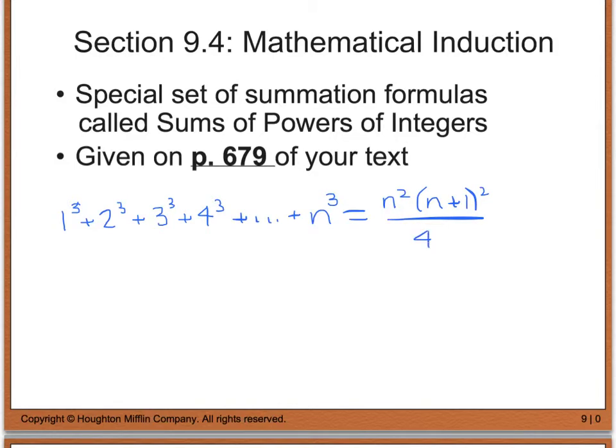So I'll show you how to use this in the next example, and I will give you these formulas on a test or quiz. You are not required to memorize these.